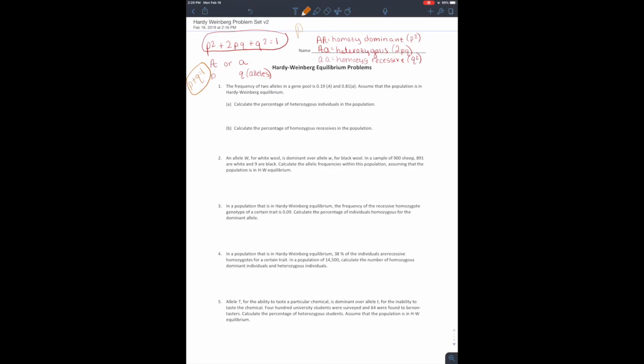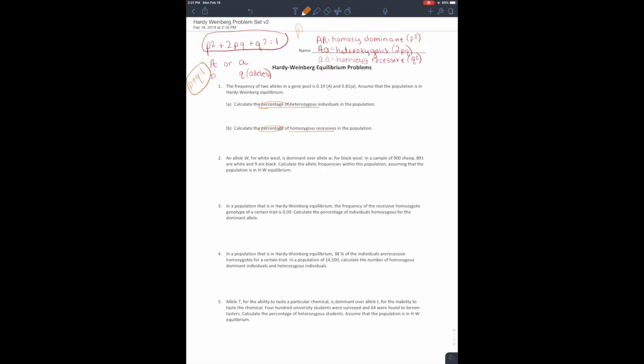The frequency of two alleles in a gene pool is 0.19 and 0.81. Assume that the population is in Hardy-Weinberg equilibrium. Calculate the percentage of heterozygous individuals in the population and calculate the percentage of homozygous recessive in the population. I like this question because it gives me numbers already.